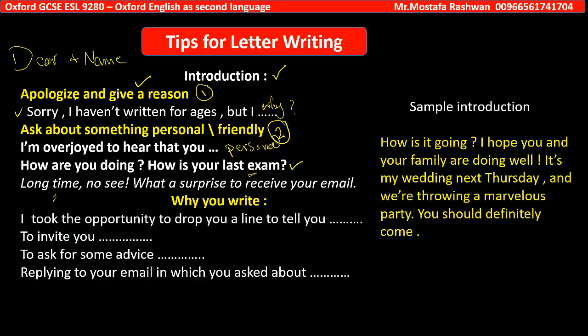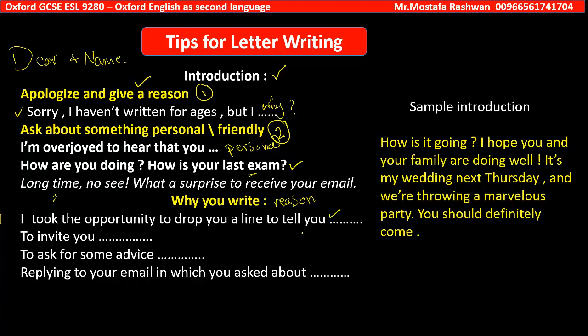After apologizing or asking about something personal, tell him the reason for writing this letter. Why you write to him: to invite him to something, or to ask for advice. Here: I took the opportunity to drop you a line to tell you.